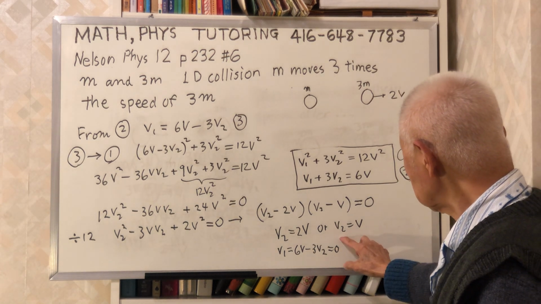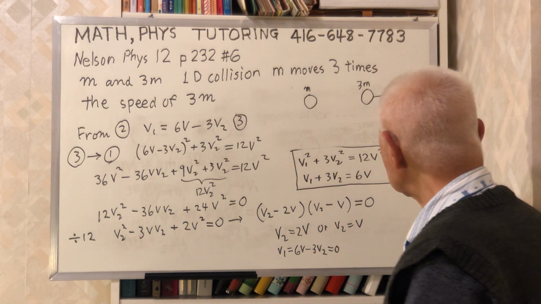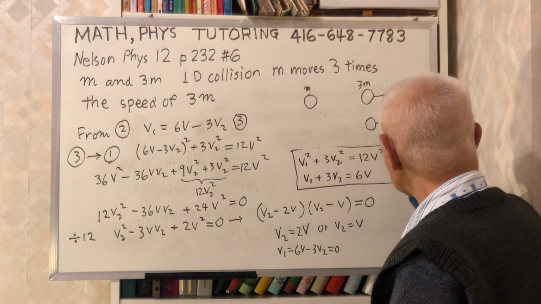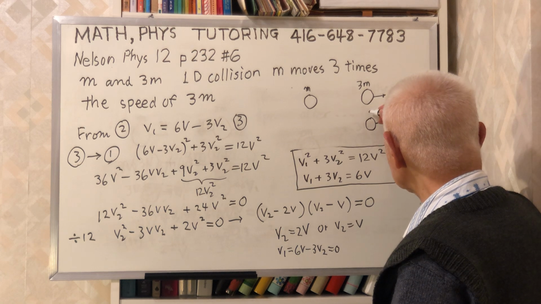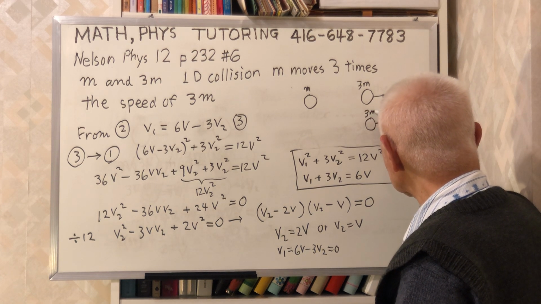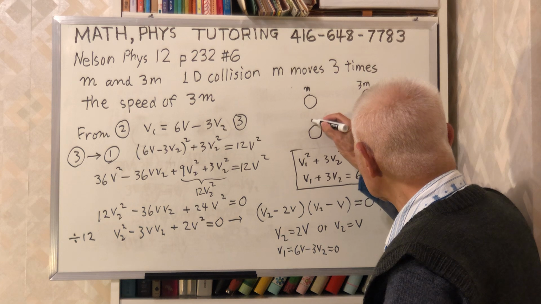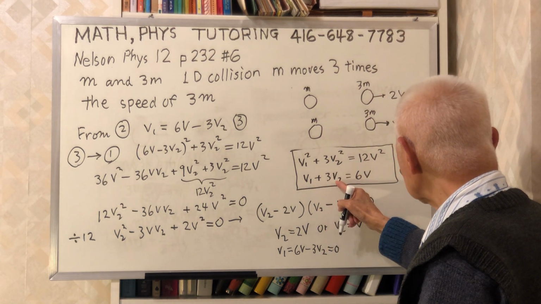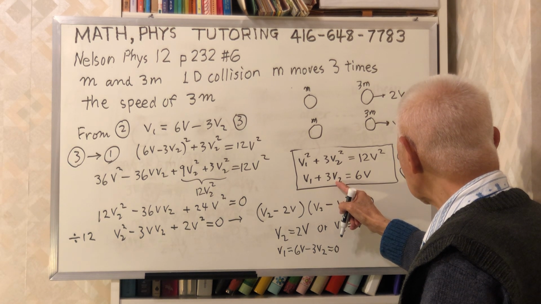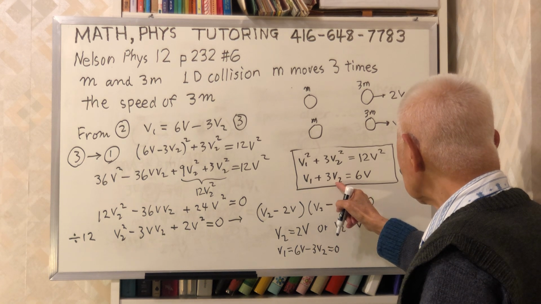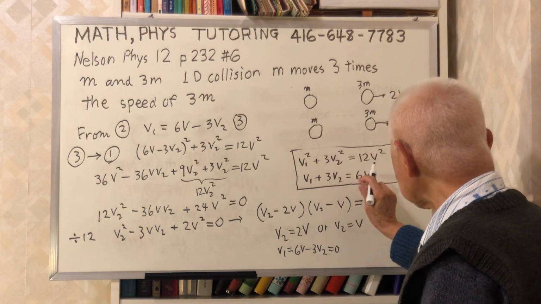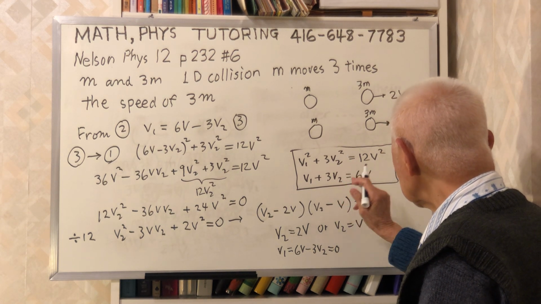Now the second answer is v2 is v. And what is v1? So suppose v2 is v. Then 6v minus 3v is still 3v.